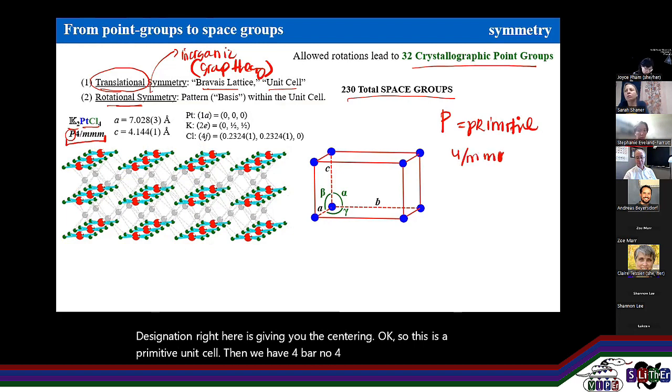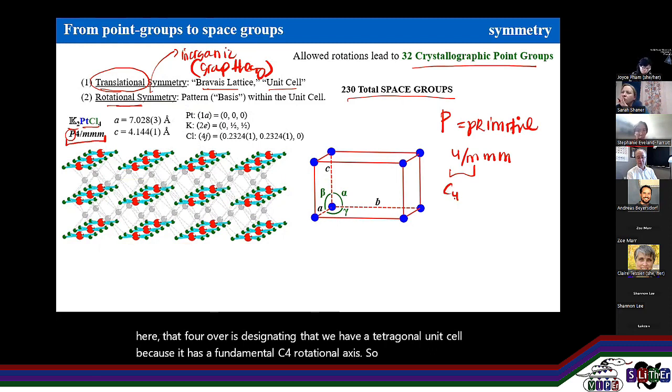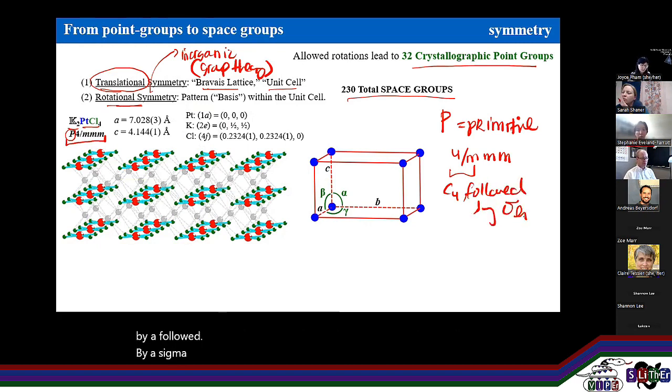over m. This 4 over is designating that we have a tetragonal unit cell because it has a fundamental C4 rotational axis. So this is a C4 followed by a sigma h, and this is all going to be in the c direction.